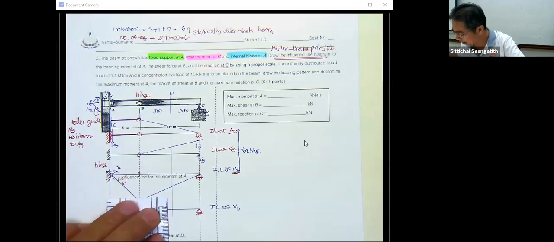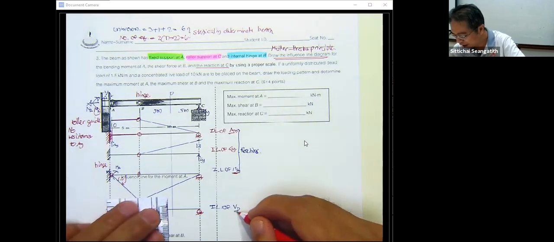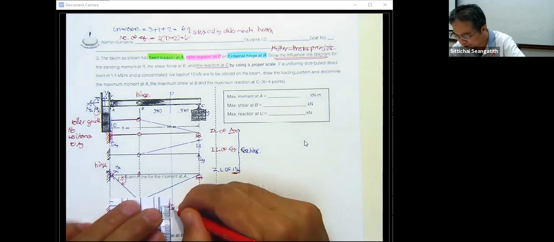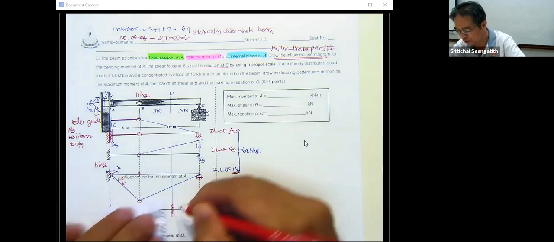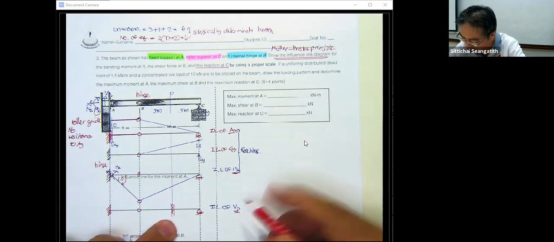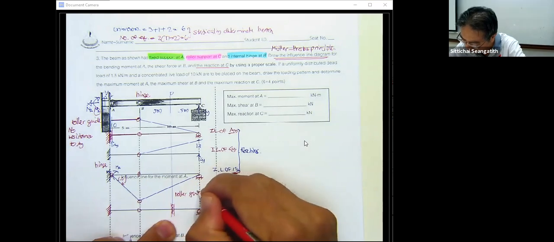And when we would like to draw the influence line of shear, what do we do? We just take the resistance for the V sub D out by putting the roller guide to this.